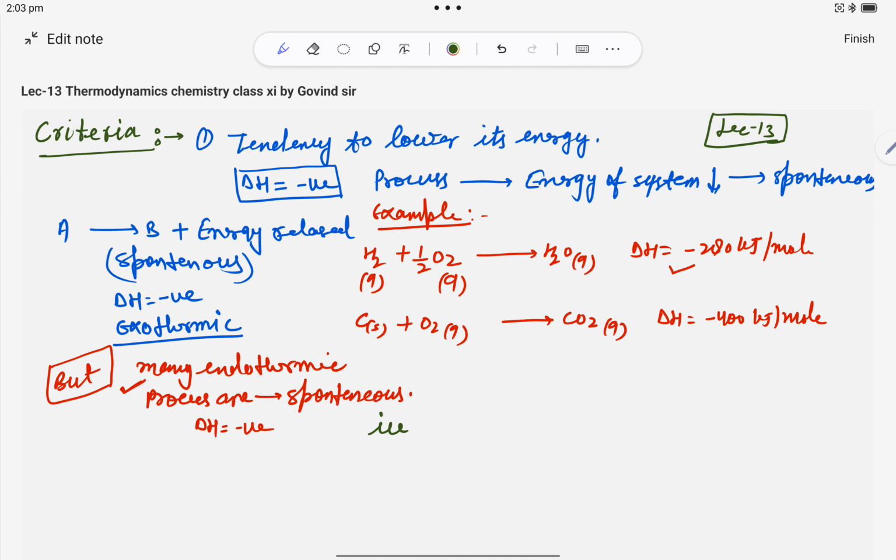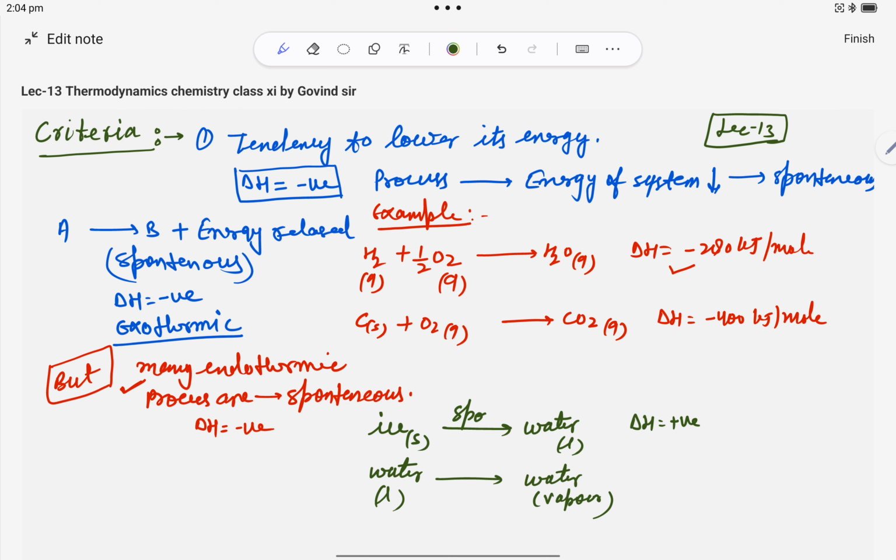Like ice, solid state, converted into water, liquid. What is delta H when ice is converted into water? It will absorb energy from the atmosphere, so delta H is positive. Similarly, water liquid to water vapor, that process is also spontaneous.